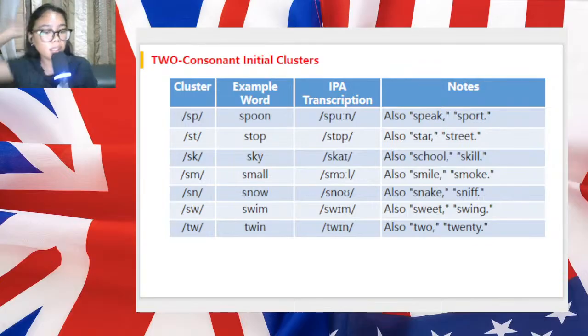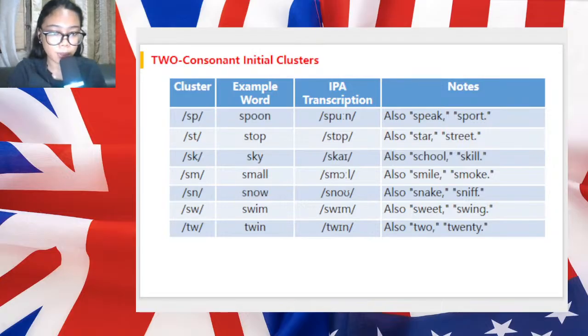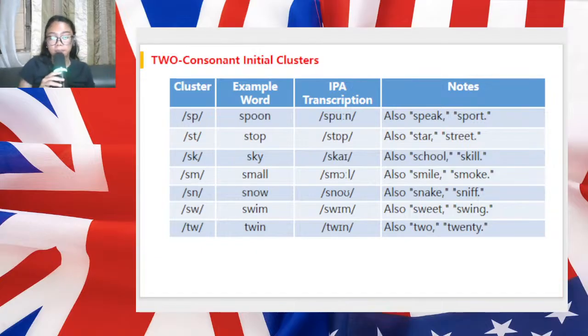The P here is usually unaspirated, meaning there's not a strong puff of air after it, unlike when P appears at the beginning of a word by itself, like in pen. This smooth blend is also clear in words like speak and sport. Let's try spoon, speak, sport together, focusing on the seamless transition between.